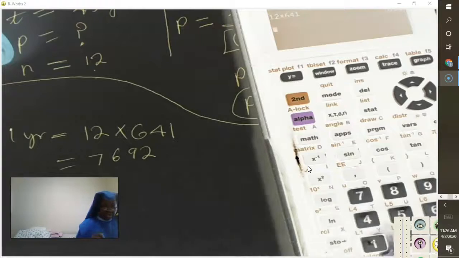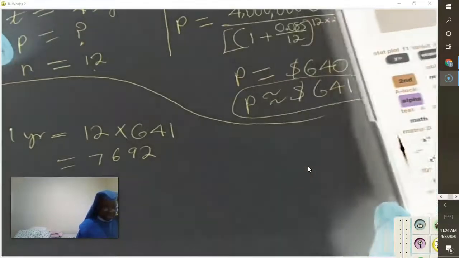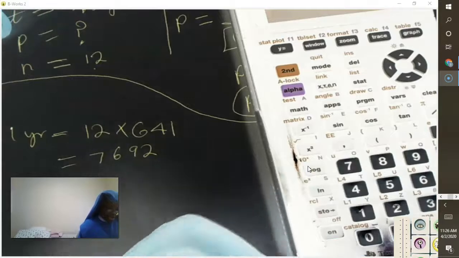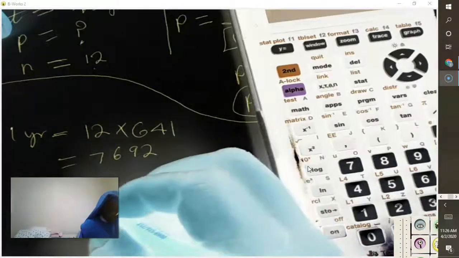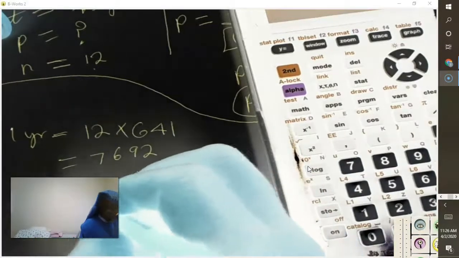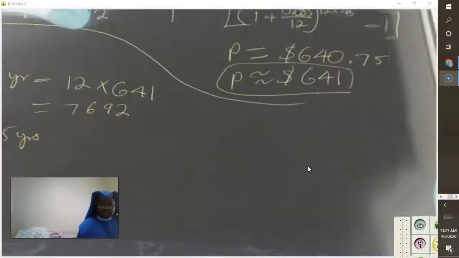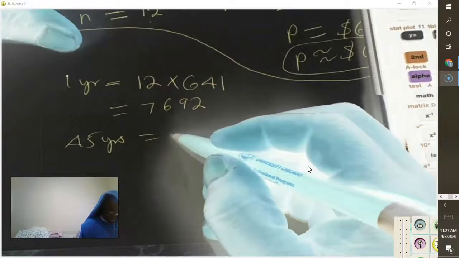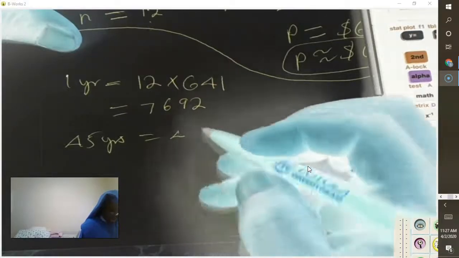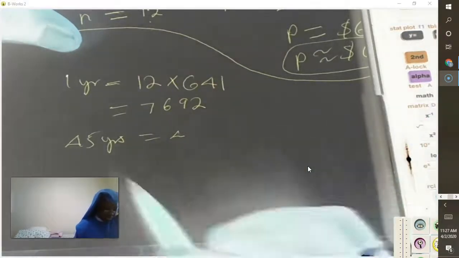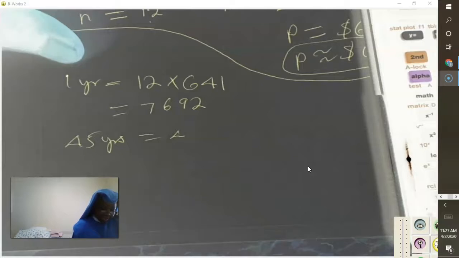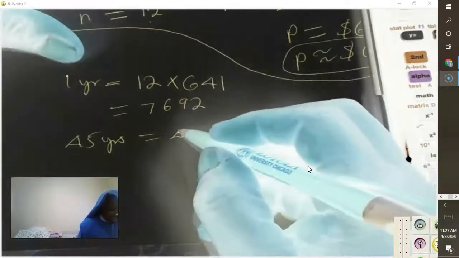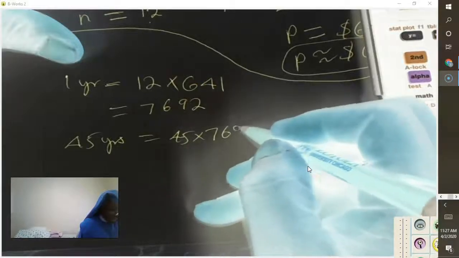So every year, the total money you deposit, because the money you deposit is constant, which is the 641. And then for 45 years, how much would you deposit? We already have the years, so we can just multiply 45 by 7692.